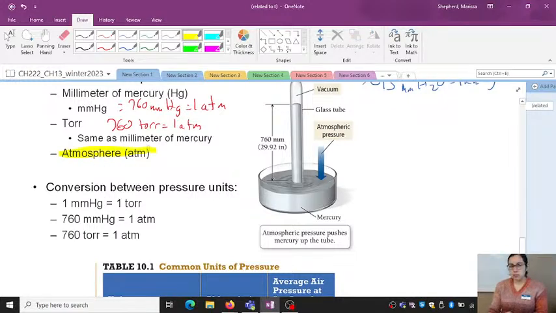This is what we'll want to plug into our formula, PV equals nRT, when we get there. You had a preview in lab, but anytime you're given pressure in something else and you want to use this formula with the gas constant that was provided in your lab manual, R is 0.0821.